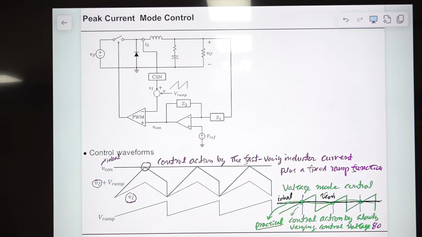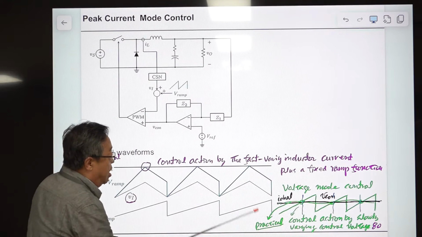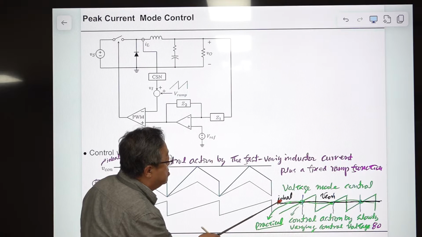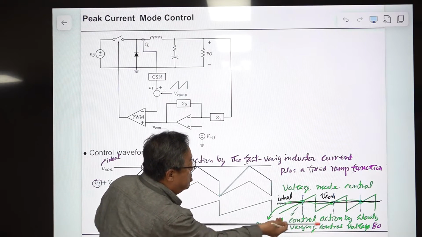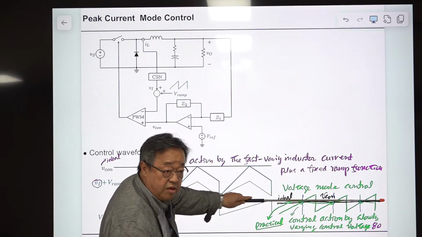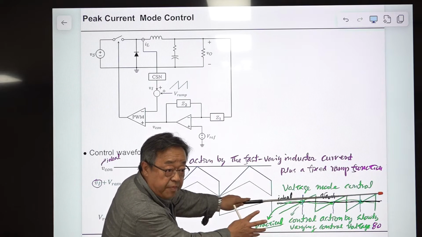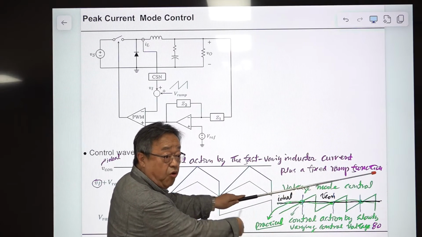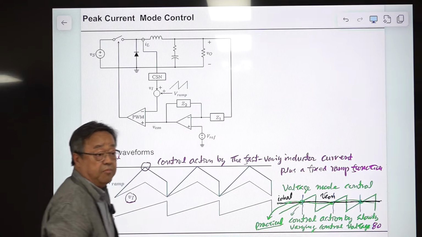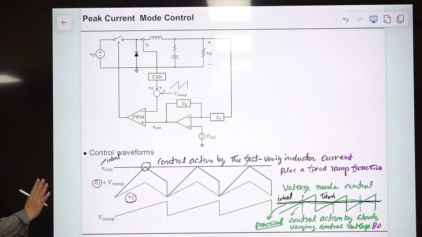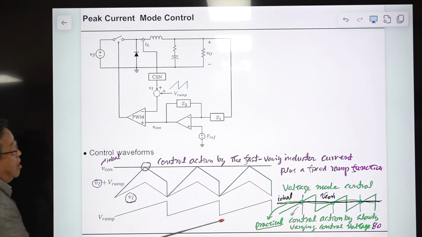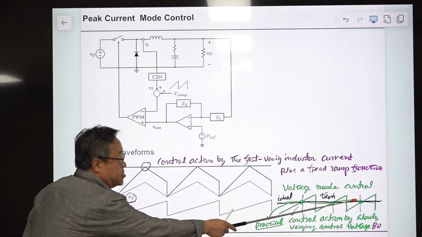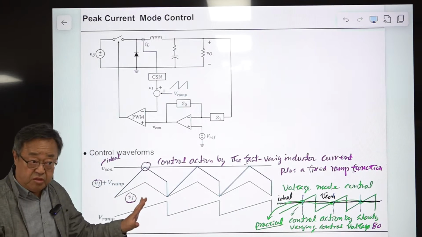That is the definition of steady state, so the duty ratio is fixed. Then effectively, you can replace this sinusoidal wave with this straight line segment. In terms of functionality, they are the same. So even though there is a sampling action here, the sampling effect is not pronounced.